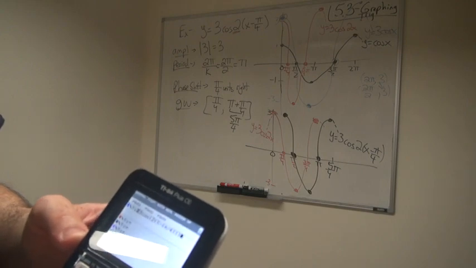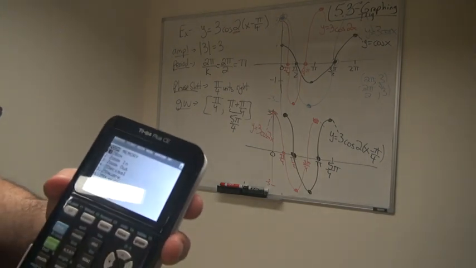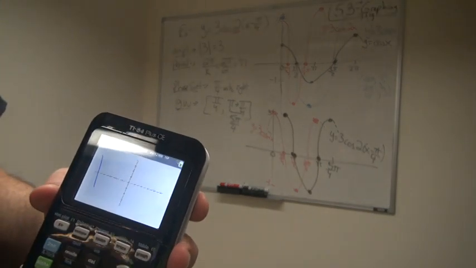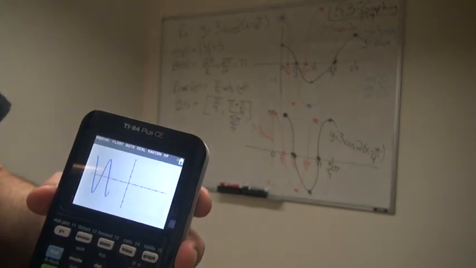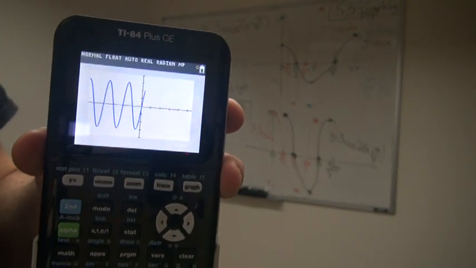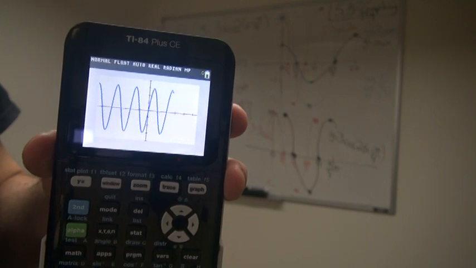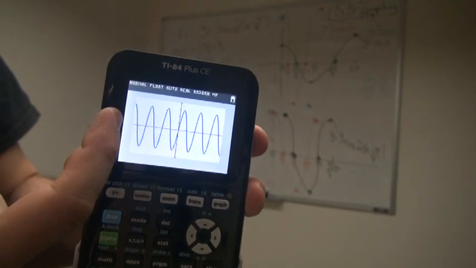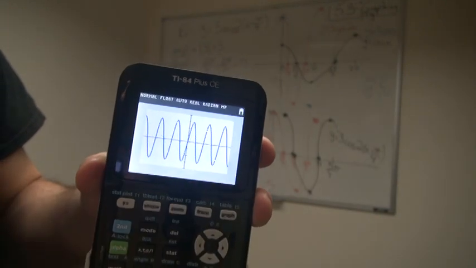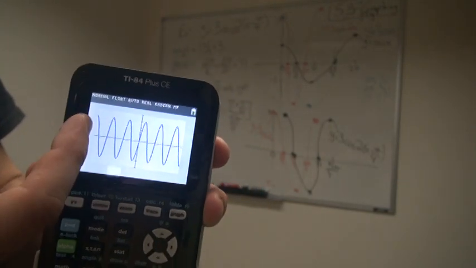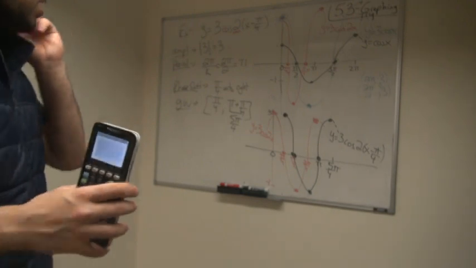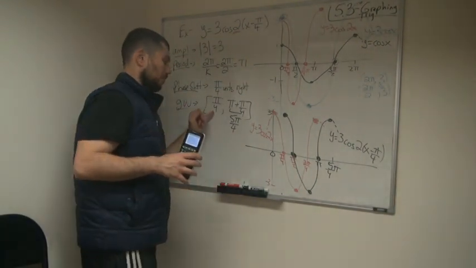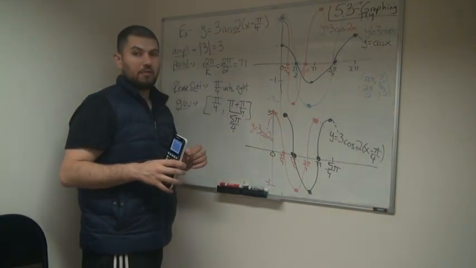Again, you want to hit zoom trig, zoom 7, for a prettier picture, but you're definitely not going to get one cycle if you hit zoom trig. And why is that? Because zoom trig goes from negative 8.6 to 8.6, so it's more than negative 2 pi to 2 pi. Here we said our graphing window goes from pi over 4 to 5 pi over 4.